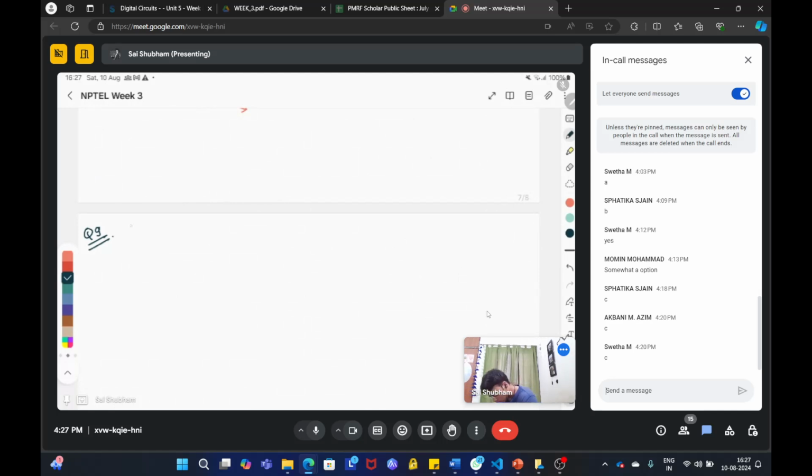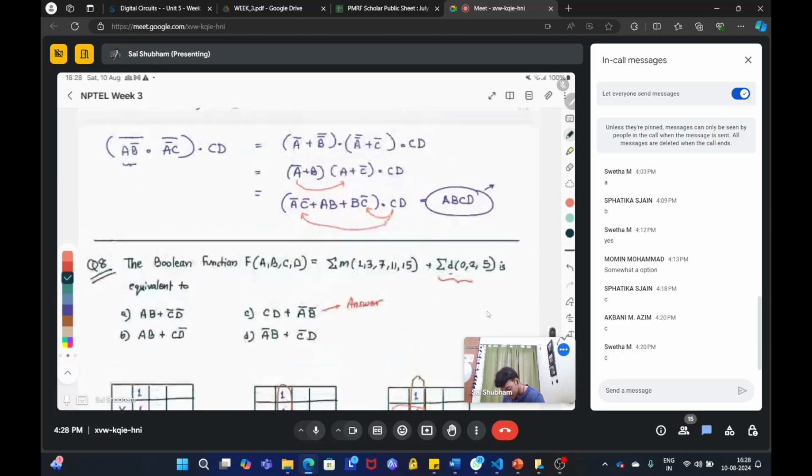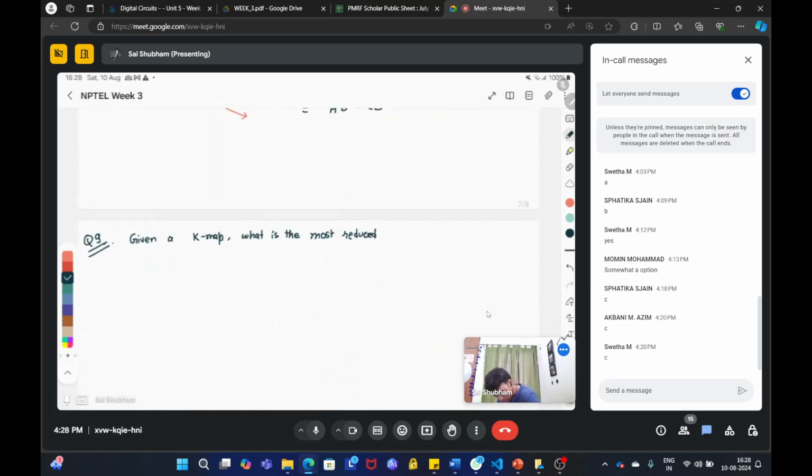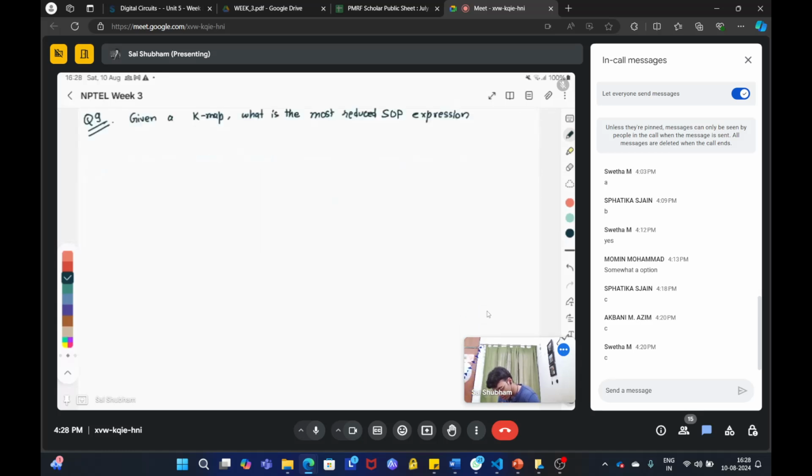Given a k map, what is the most reduced sum of product expression? The k map that you have is this one.